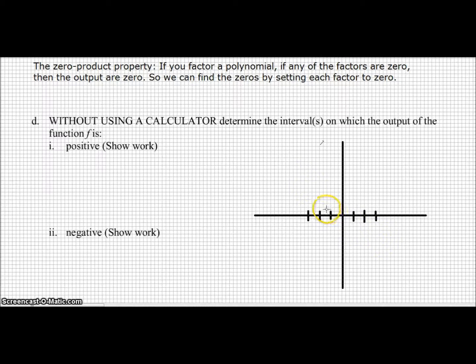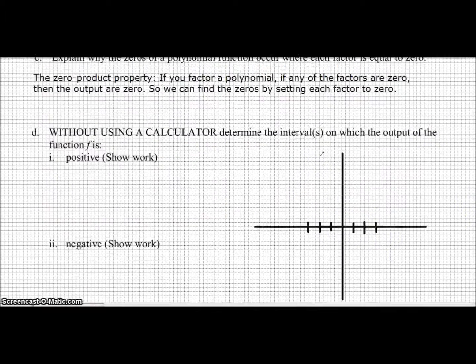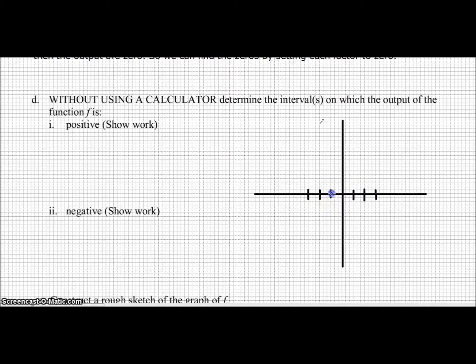So I know that at negative 1 I have a 0, so my graph is going to cross right there. And I know at 3 I have a 0.